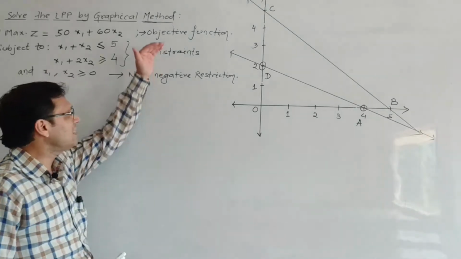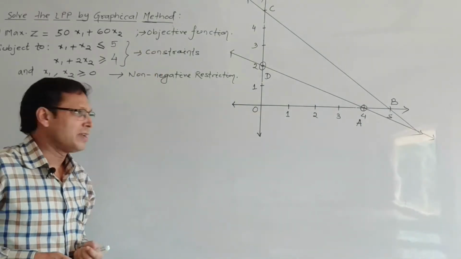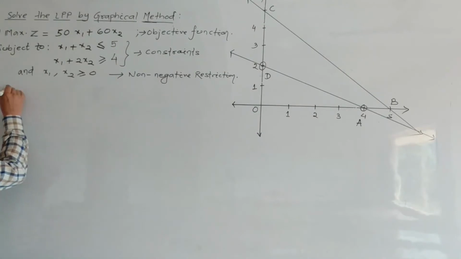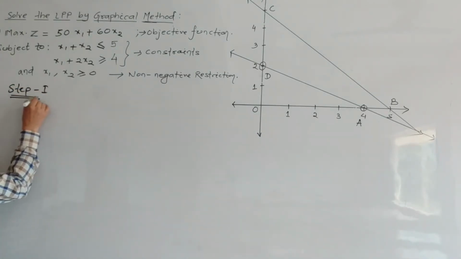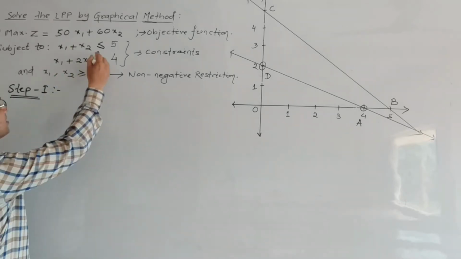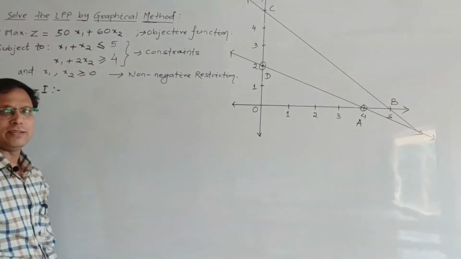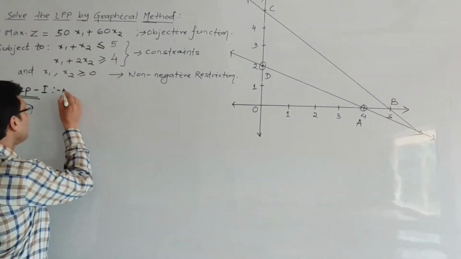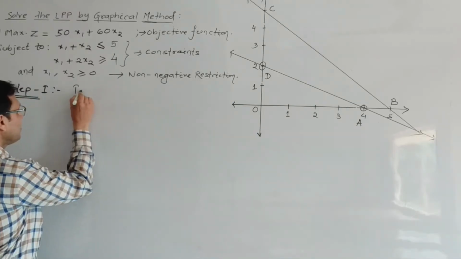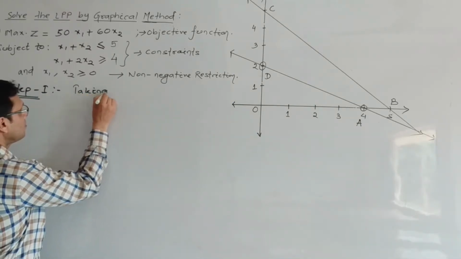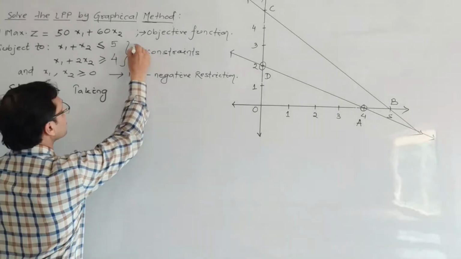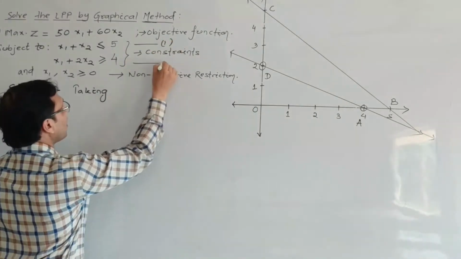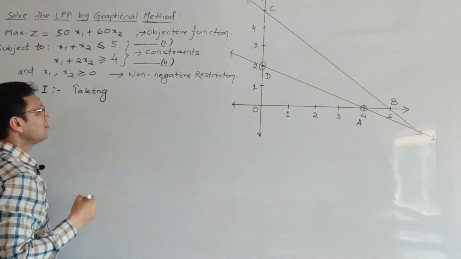Now, we will solve this LPP stepwise. In step 1, first you have to convert these two inequations into equations. This is inequation 1 and inequation 2 is this one.